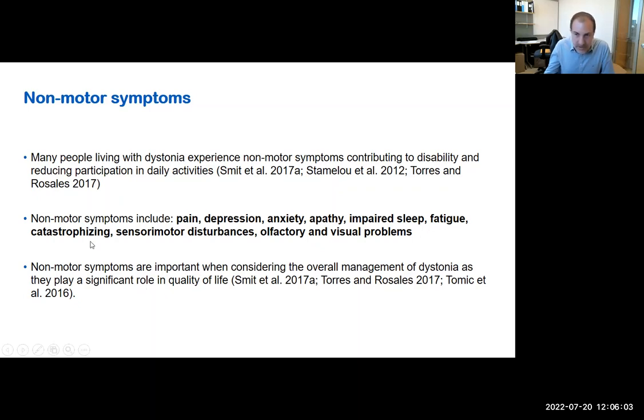We will talk about what catastrophizing might mean in patients with dystonia, but they also may display some sensory disturbances different from pain, even including olfactory and visual problems, for which, however, there is very limited evidence.